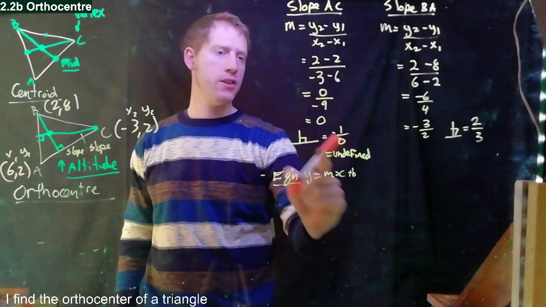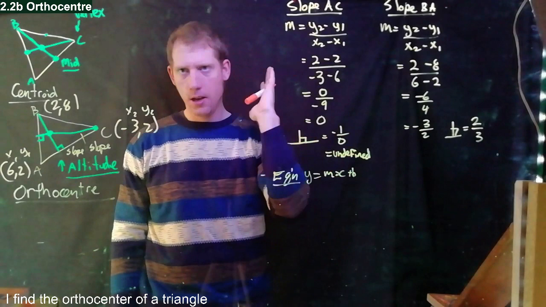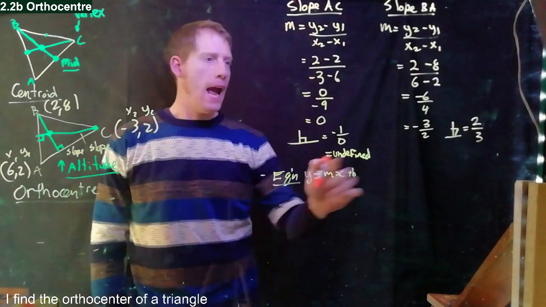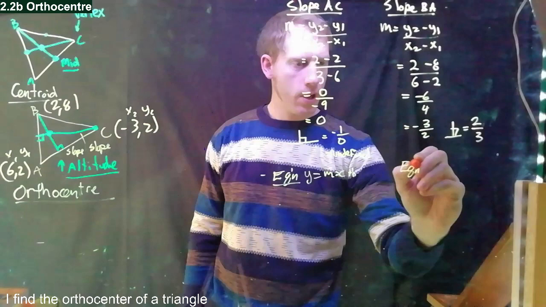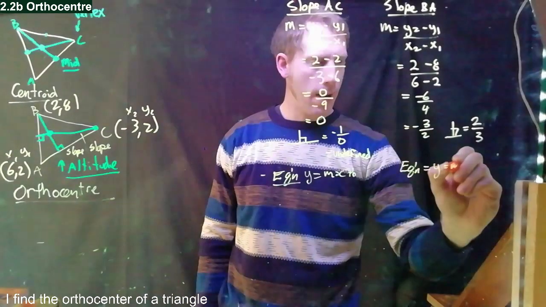It means it's basically vertical. And we know that we need to find an equation for this. The equation is y equal to mx plus b.